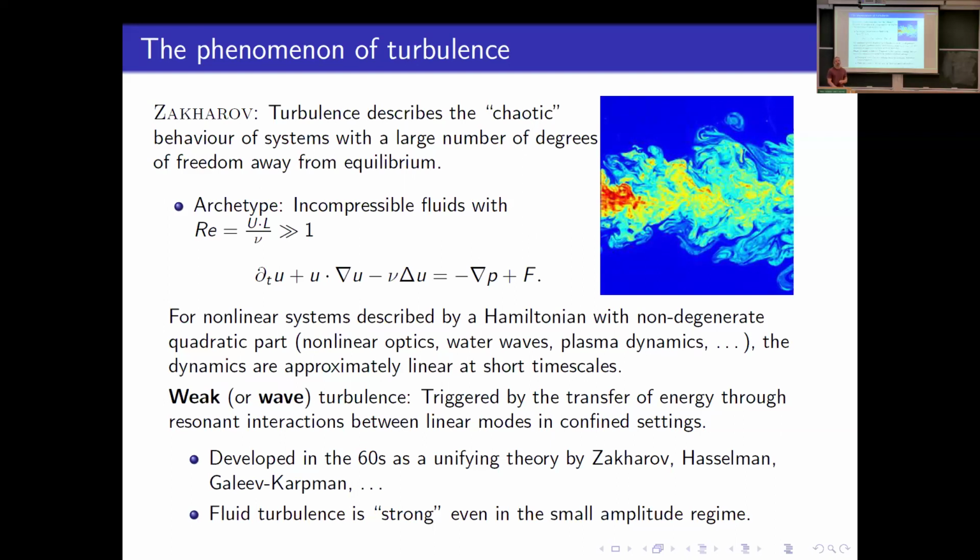But again, the prototypical picture of turbulence that we have in mind is that associated to the evolution of fluids, right? Let me try to make a very poor drawing.